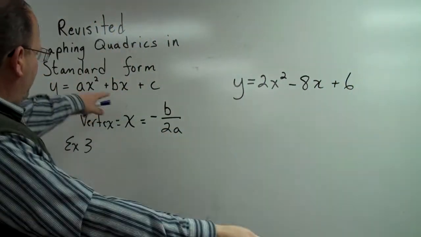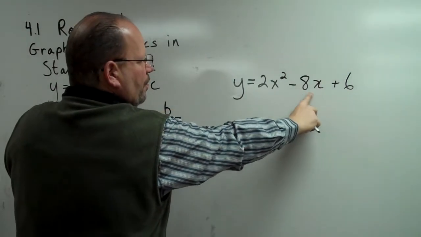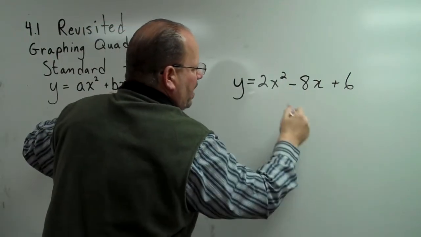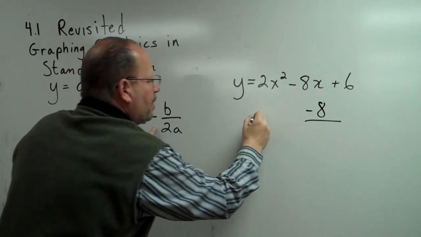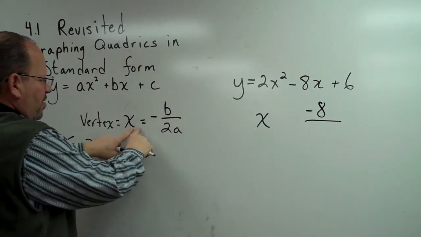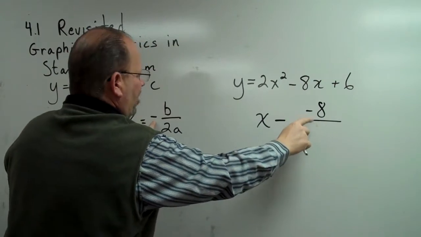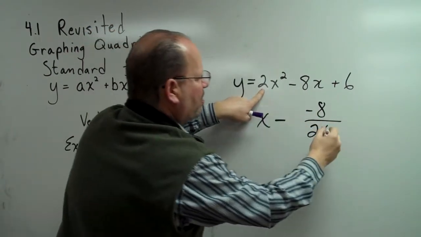So here we can see the b is going to be this number in front of the x to the first power. So b is going to be negative 8. So we just use this exact formula. X equals negative b over 2 times a. And here a is 2.